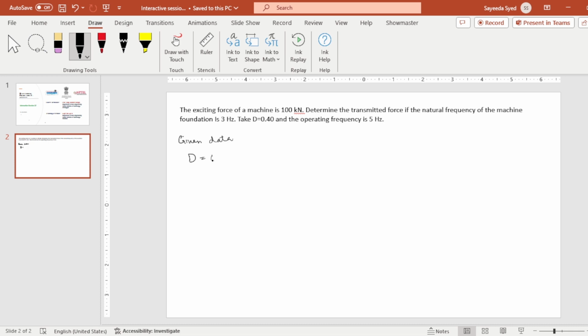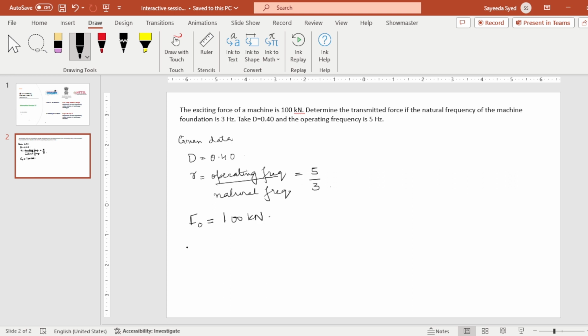D equals 0.40, the operating frequency is 5 and the natural frequency is 3, and we have also been given the exciting force, which is F naught.